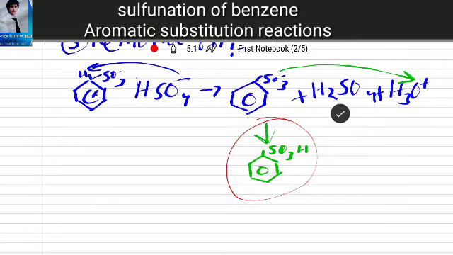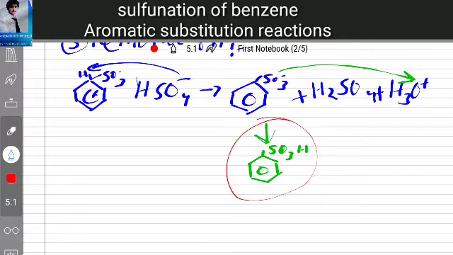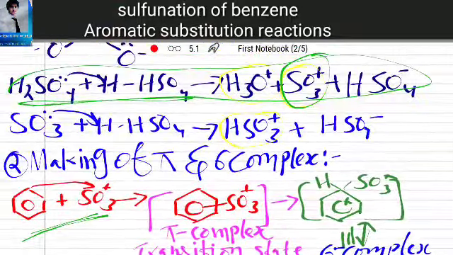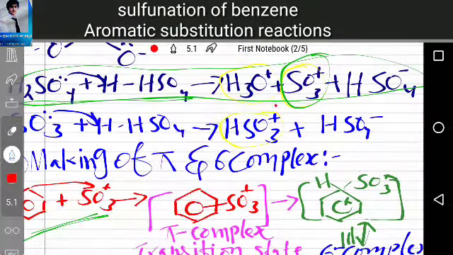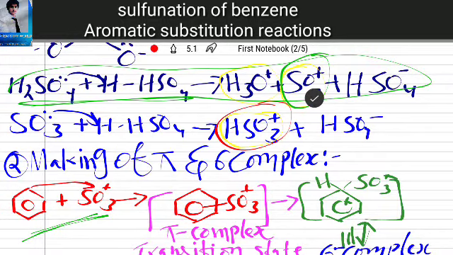If we write this reaction with the second method of making electrophile, then we have HSO3 positive as an electrophile, and we also have HSO4 minus.